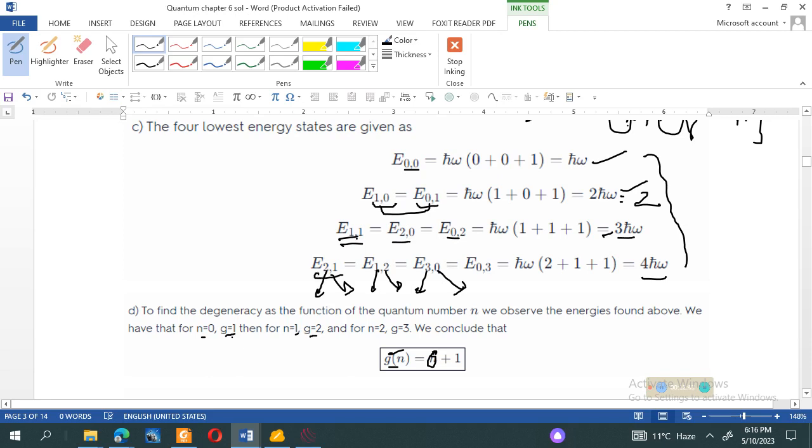And similarly, this is 1, 2, 3, 4, so this is the 4-fold degenerate energy level. All these states have the same energy. So for this g is equal to 4, for this g is equal to 3, and similarly for this g is equal to 2, because these have the same energy levels.